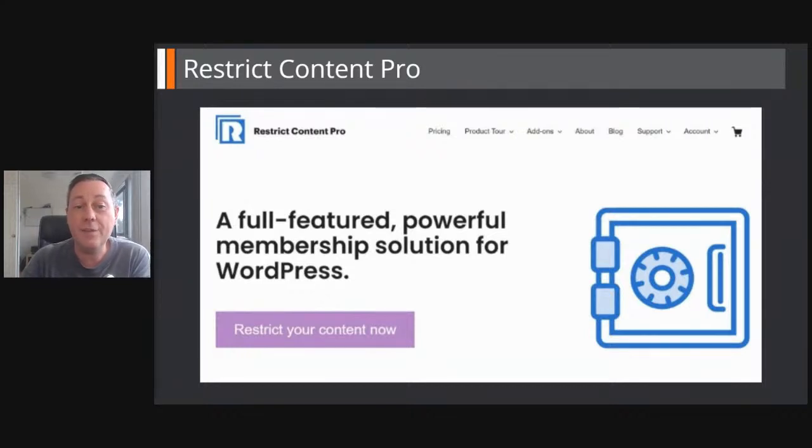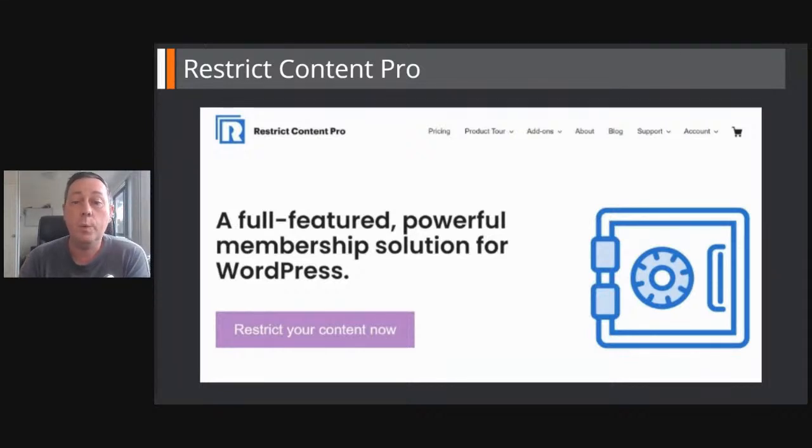The interface itself is clean and intuitive. It's very minimalistic, which is great. You can restrict content by taxonomies, by post types, and you can have short codes that you can embed within pages to restrict specific content as well. You can create subscription levels, including both free and paid levels, and it can be multi-tiered as well.